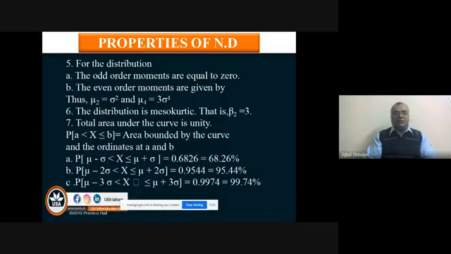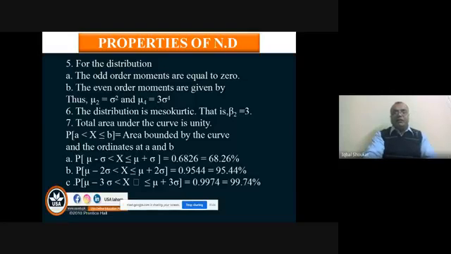And the last one is probability of mu minus 3 times sigma less than X less than or equal to mu plus 3 times sigma. It means the total area under the normal curve is 1, that is roughly 0.9974, which is further equal to 99.74%.